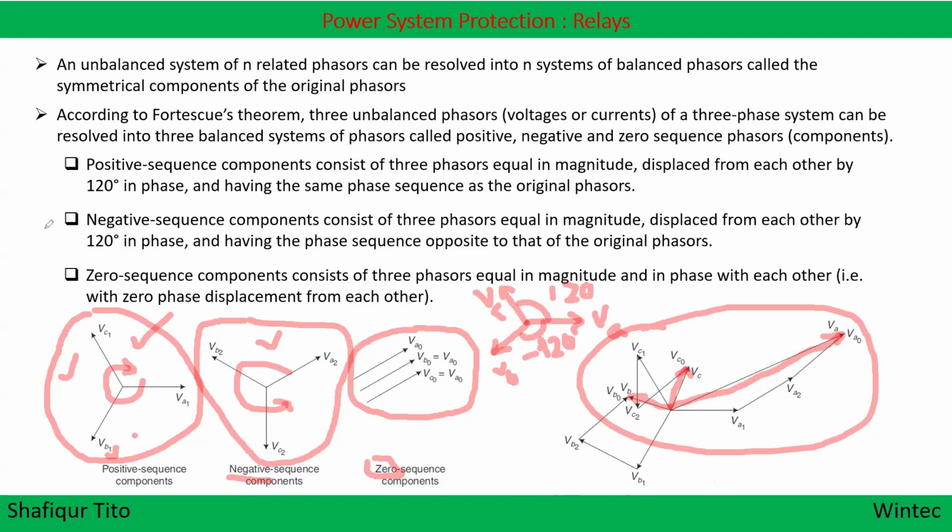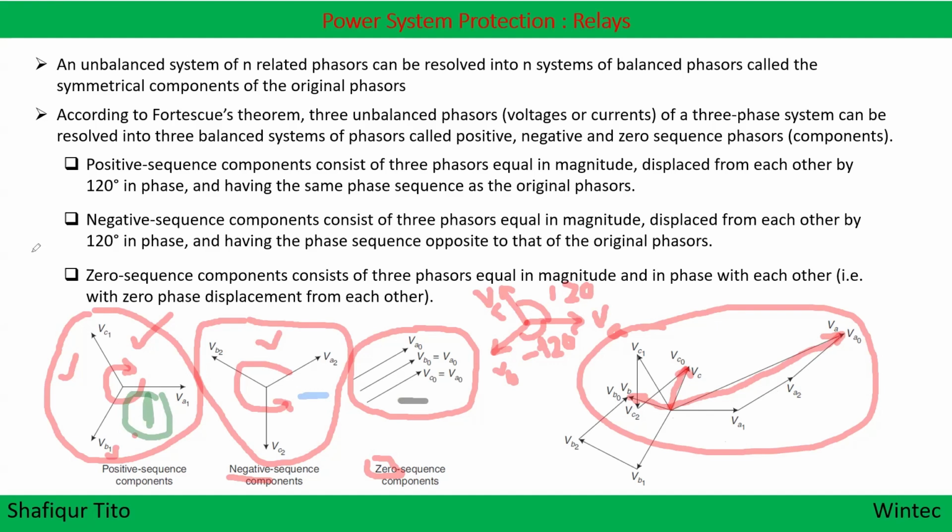Let's say I take this color as green. This is my positive sequence. I take this blue one for the negative sequence, and the black one for the zero sequence. My actual one was this one that I have drawn, VA. And you can see I have three other components, and we have added them together.